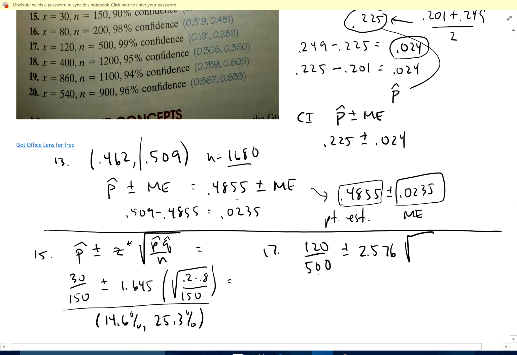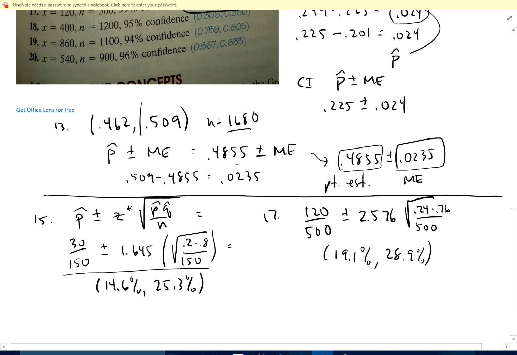I have to figure out that percent. 120 divided by 500 is 0.24 times 0.76 over 500, and if you do that in your calculator, there's your answer right there. 19.1%. You can leave it in a decimal if you want, or write as a percent, and then 28.9. Notice how big that is because I have such high confidence, and that's one of the trade-offs.